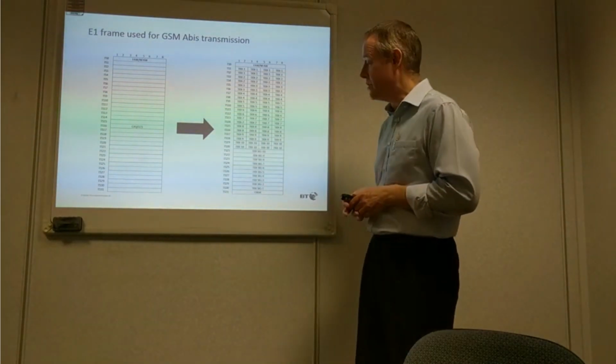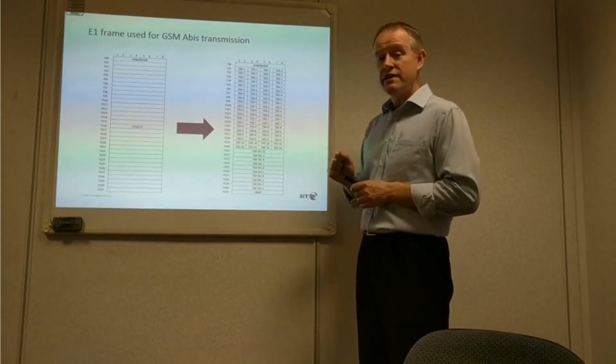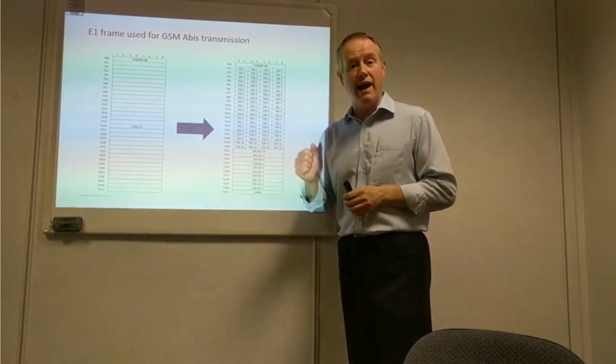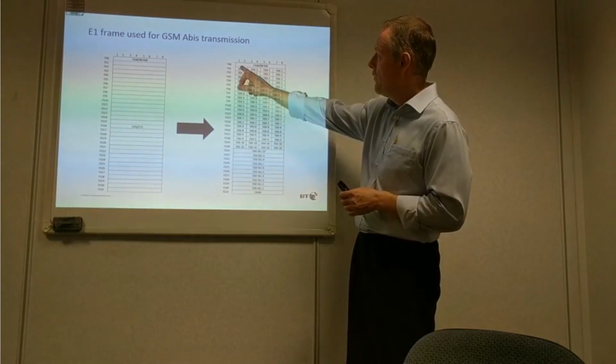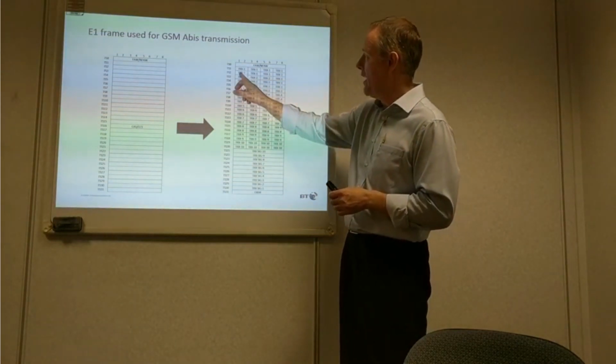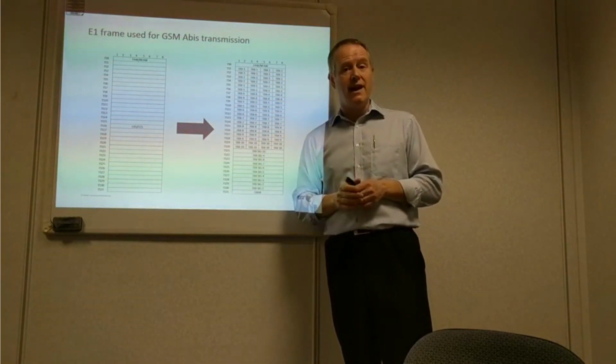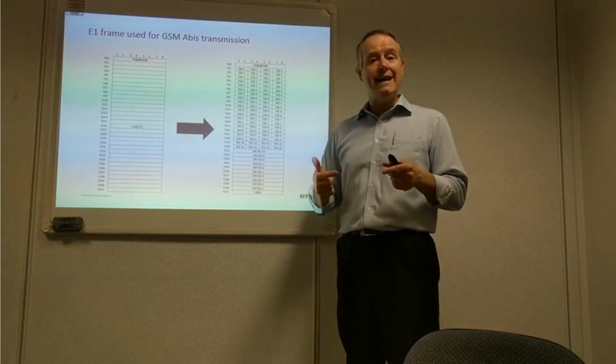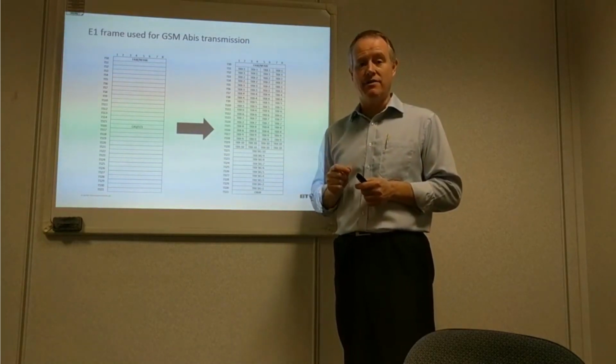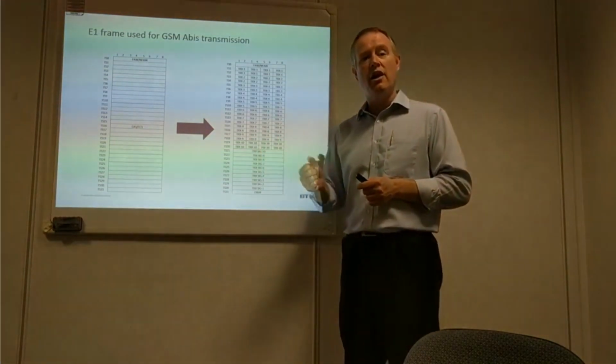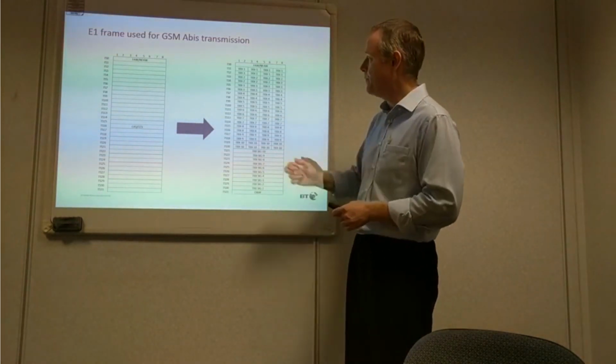So for a single TRX that we saw in the earlier diagram of the base station, we've got TRX1 occupying 2 64K time slots to support 8 TDMA time slots, so the time division multiple access time slots on the GSM radio interface.